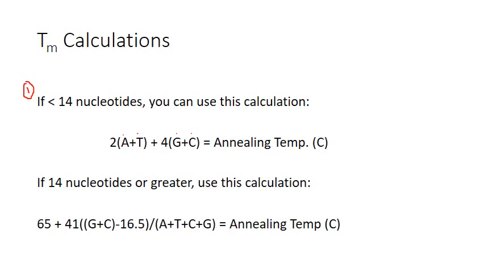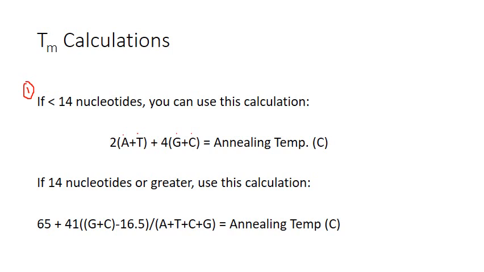However many guanines and cytosines you have in your DNA primers, you'll add those up, multiply that by 4, and then add that to your first number, all right? And that's going to give you your annealing temperature. That's all there is to it. It's just addition and multiplication. That's all it is.